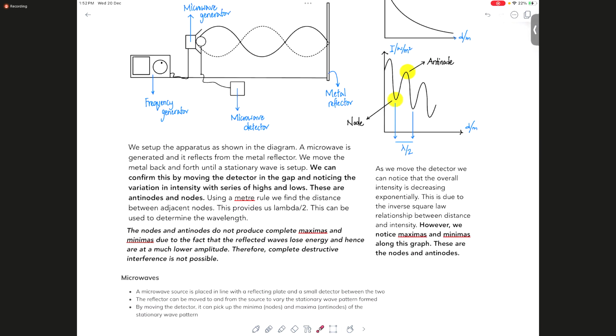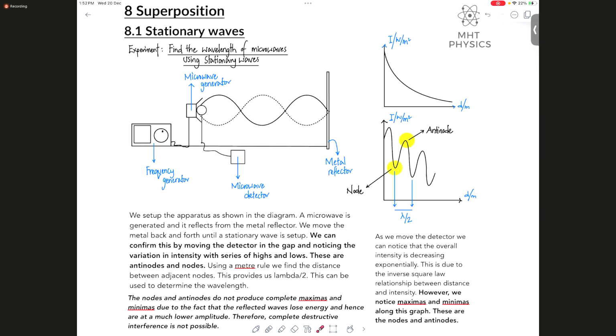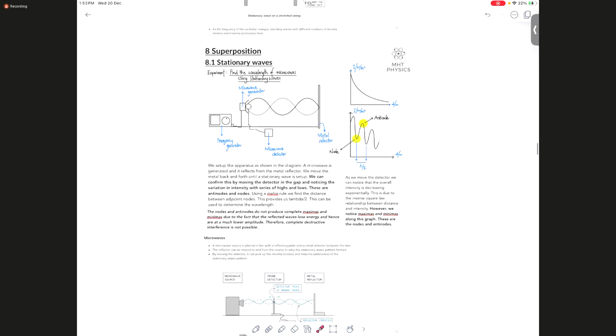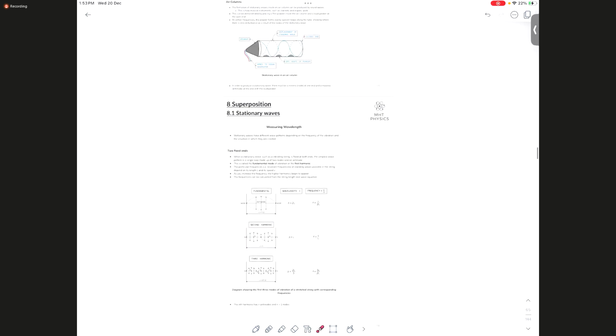So yeah, that's the microwave version of your stationary waves. Right, so there you go.